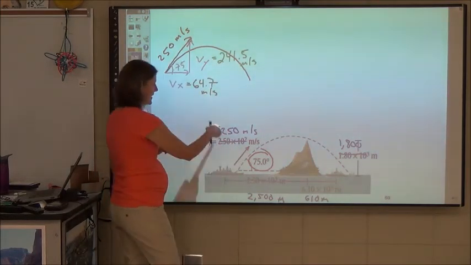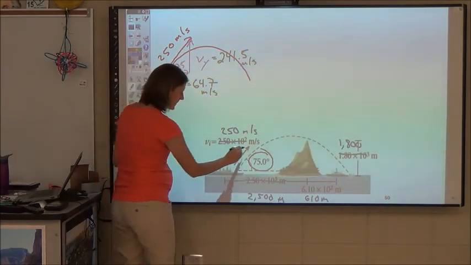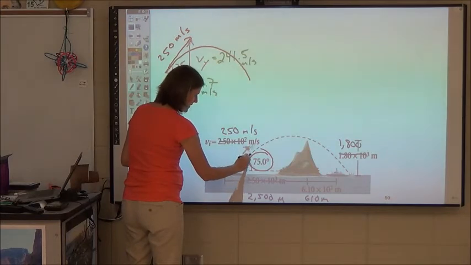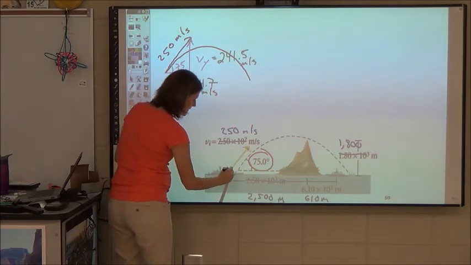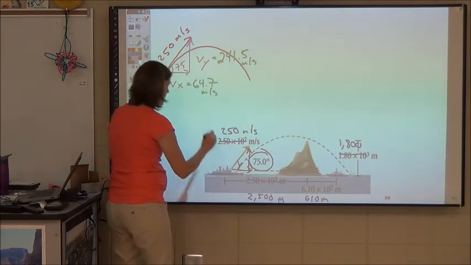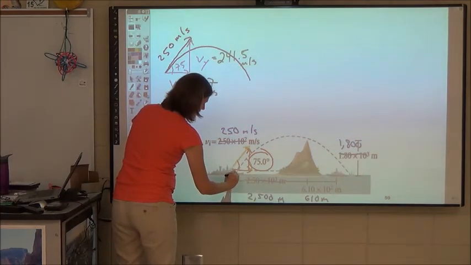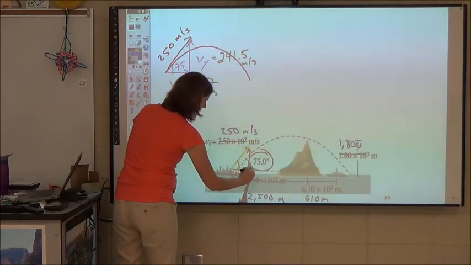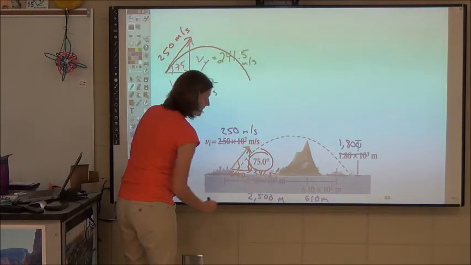I want to draw this down here. Maybe that'll work. So I got, let's see, 64.7 and 241.5. I know that's a little hard to see.